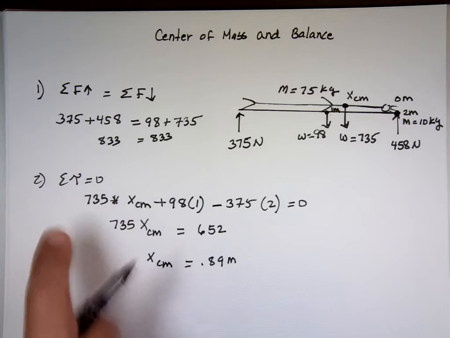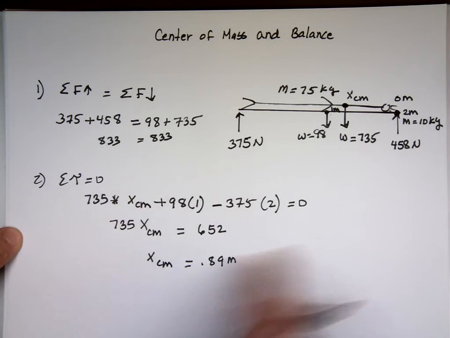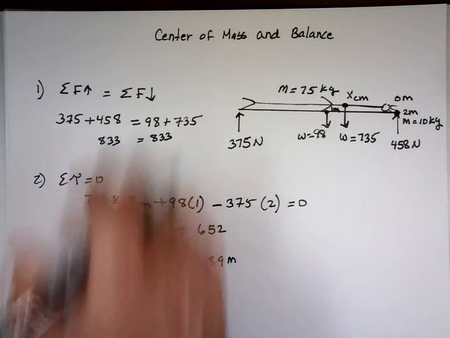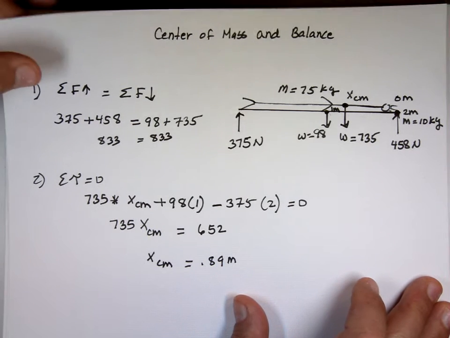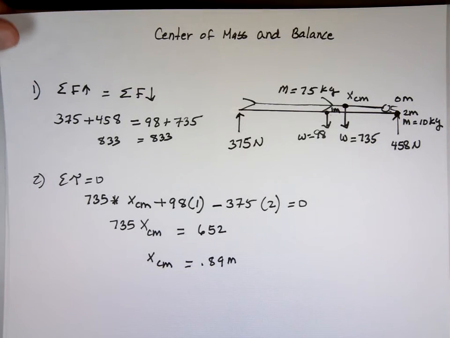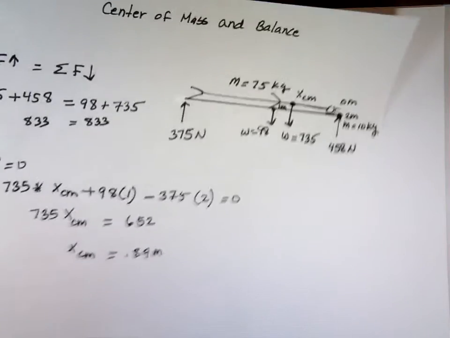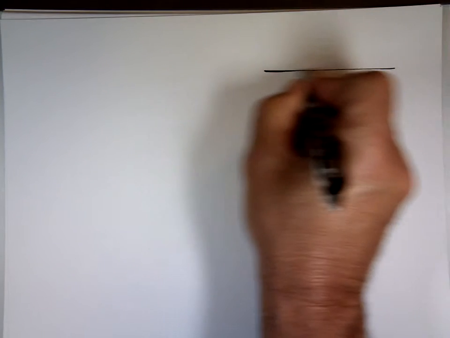So we're going to do the center of mass by just calculating this here, using these two equations. If I have a scale, and on the scale I have the beam that looks like this.